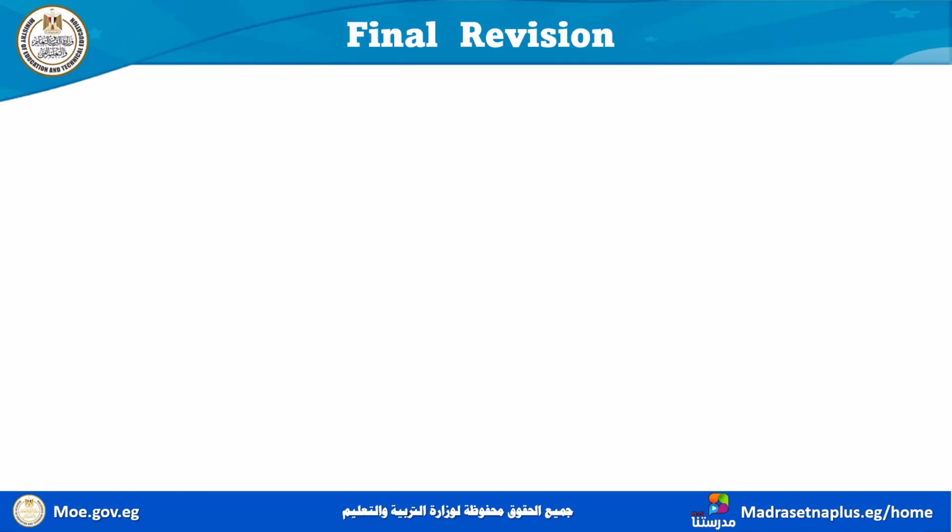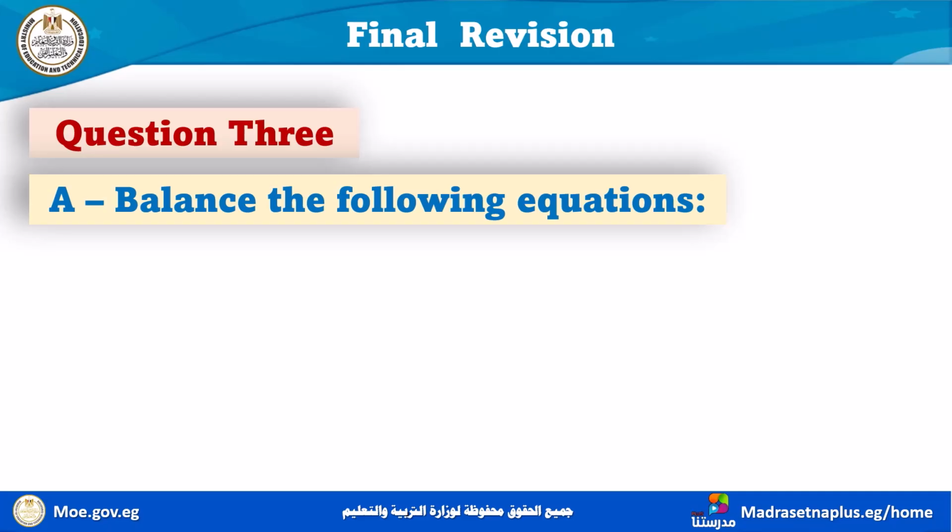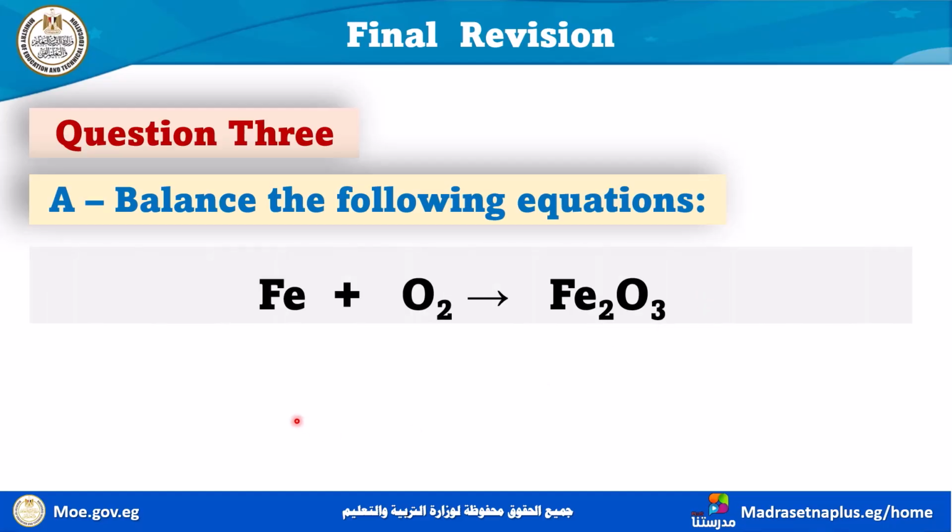Now let's move to question 3. The first part, balance the following equation. This is our first equation. Fe plus O2 gives the iron oxide, or Fe2O3.